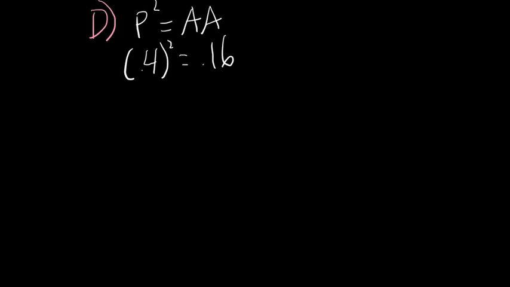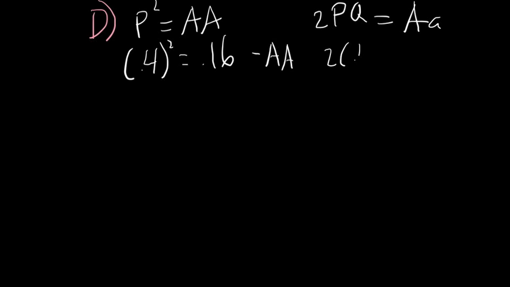That is our AA genotype frequency. Then 2pq is going to equal our heterozygous. We know our p and q values, so we just plug those in: 2 times 0.4 times 0.6 equals 0.48. So there we've got our frequencies for the two genotypes.